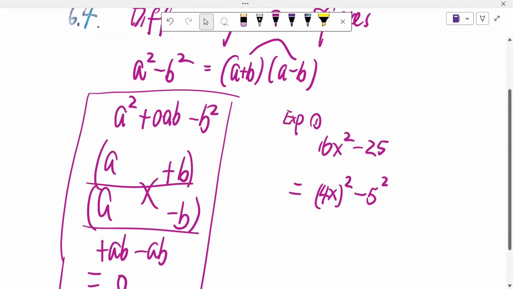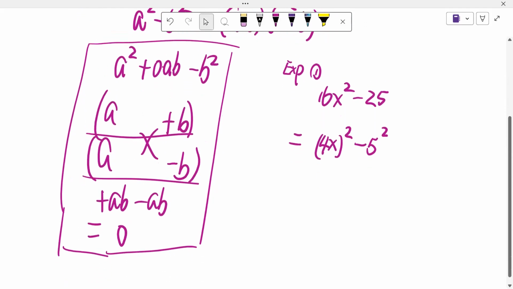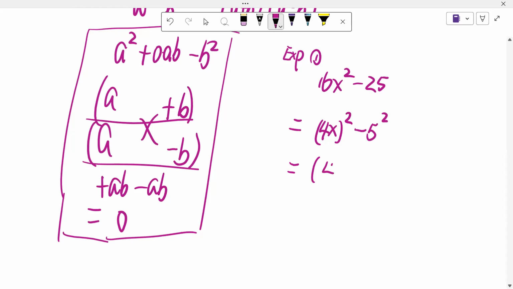Now this is a squared minus b squared, so it will be 4x plus 5 and 4x minus 5. And that's how we basically simplify this.